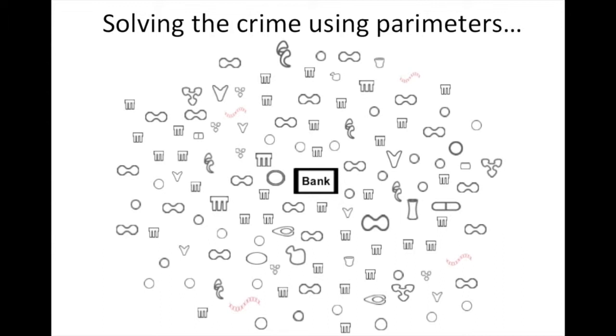Around the bank are all the people, or in bioinformatics, genes or proteins, that we think might be involved in the bank robbery. Your job as the bioinformatician is the investigator, and at your disposal is the database contained in Scotland Yard. So you have a lot of background information you can use to determine who's guilty or not.